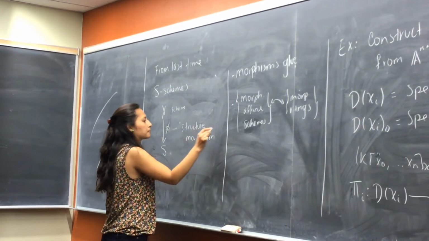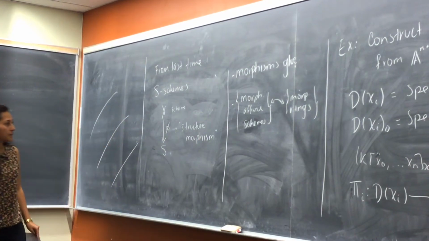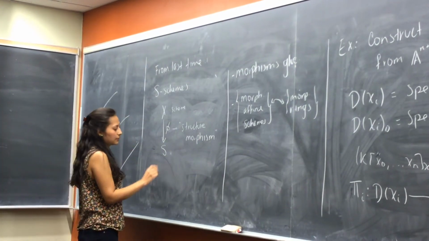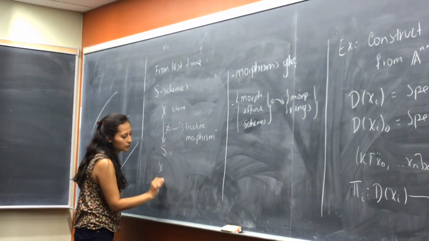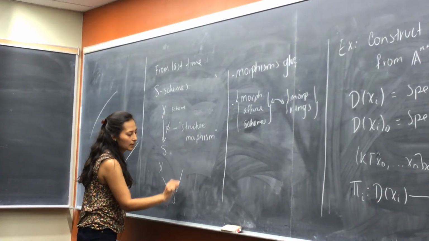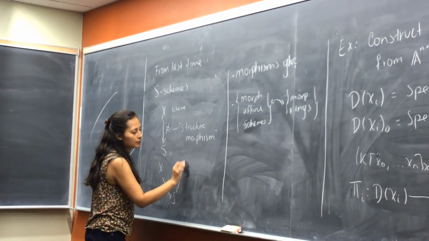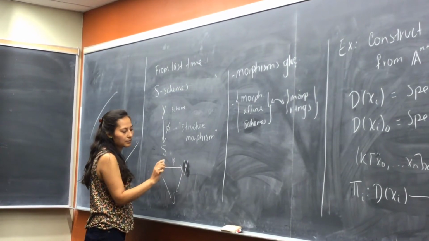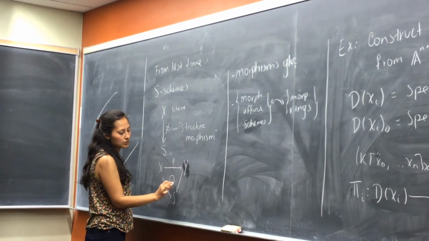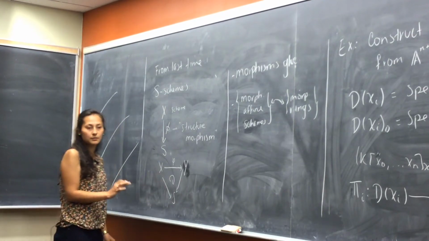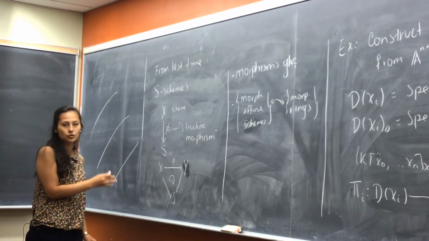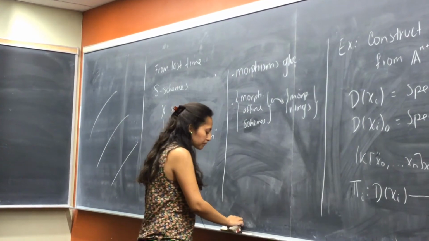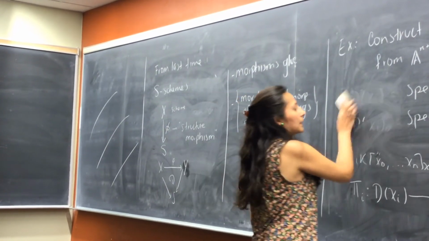And we also say that if we have two S-schemes and we want to construct a morphism between them, we require that the morphism we are creating should make this diagram commutative. So it should respect the structure as S-schemes. Okay.